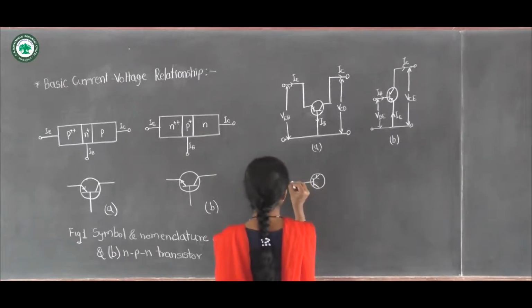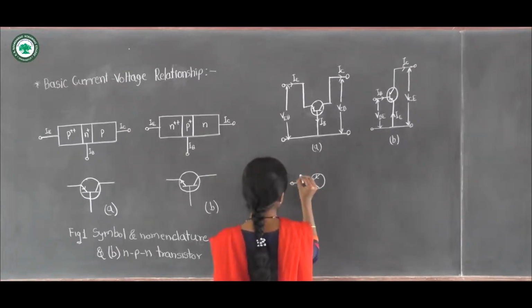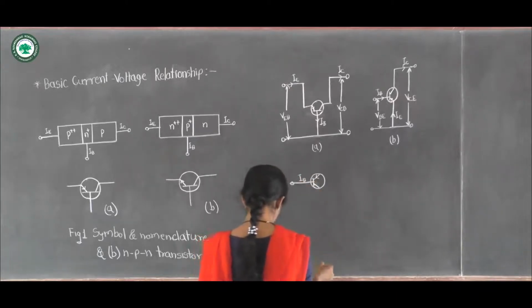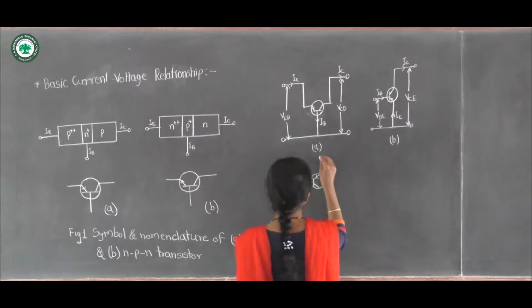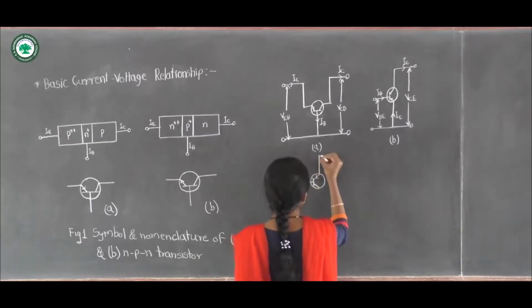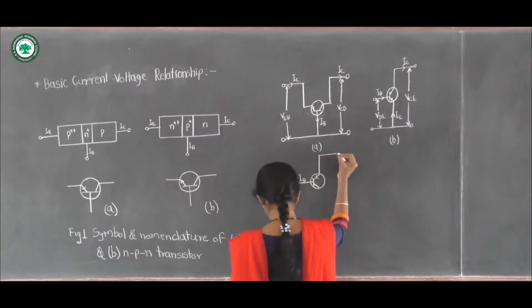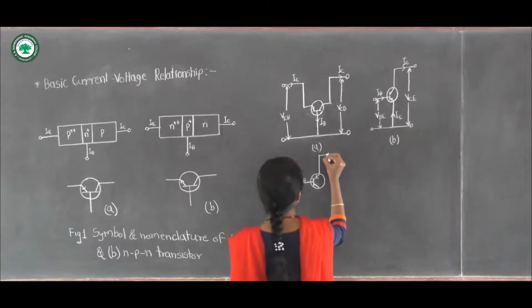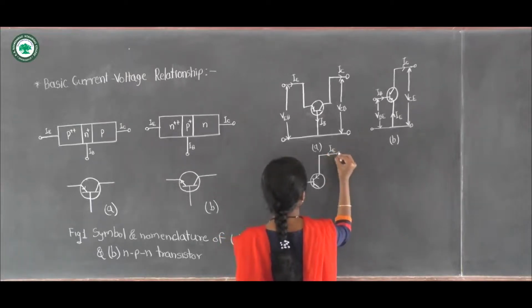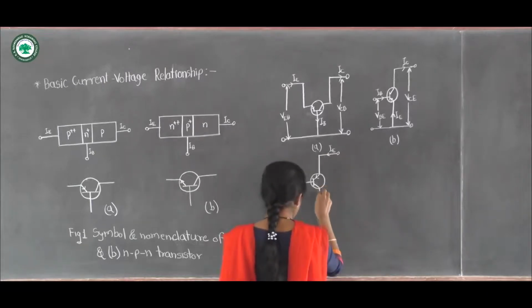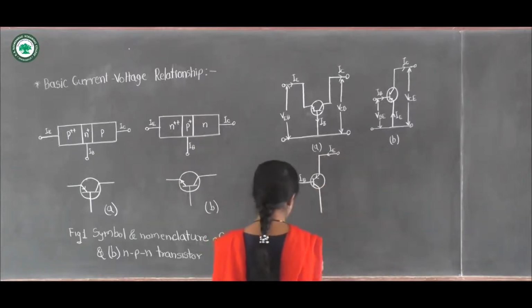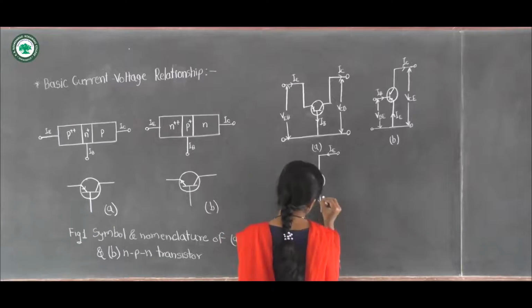This is the base terminal, and the current flowing through the base terminal is denoted by IB. The current flowing through the emitter terminal is given by IE, and the current flowing through the collector terminal is given by IC.